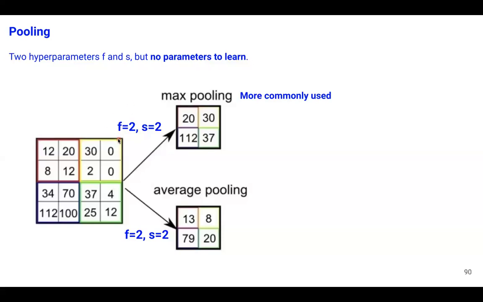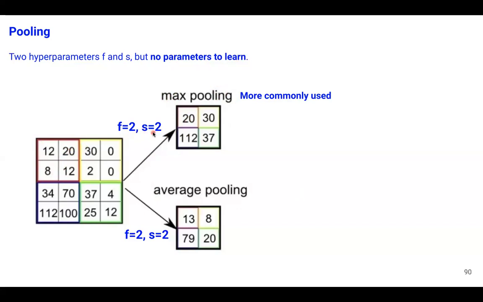Generally, these are the choices that people make. There are 2 kinds of pooling: max pooling and average pooling. Generally, we use max pooling. It's more common. Max pooling is you put your 2x2 filter here in the top left, and you see what is the highest value, the highest pixel intensity, and that is 20 in this case. So 20 goes here in the output.